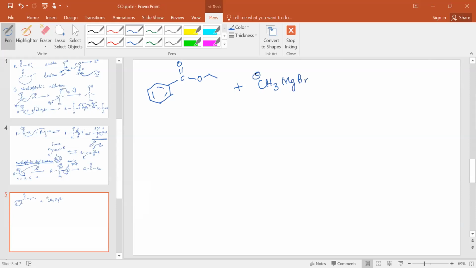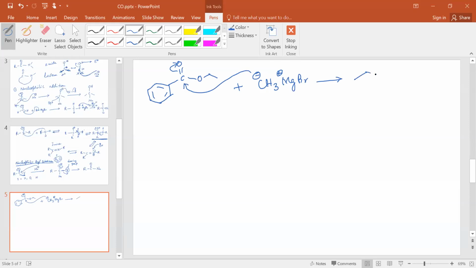Here methyl carries a kind of negative charge, so it's a very strong nucleophile. The nucleophile always goes to the carbon and the pi bond moves onto oxygen.